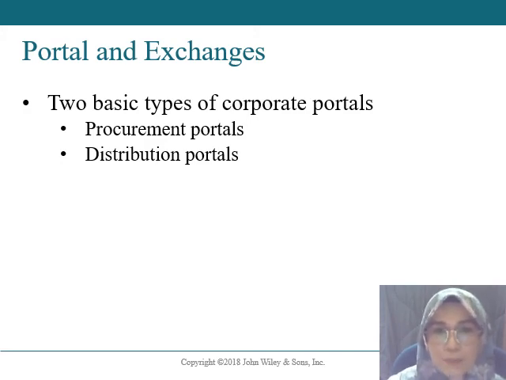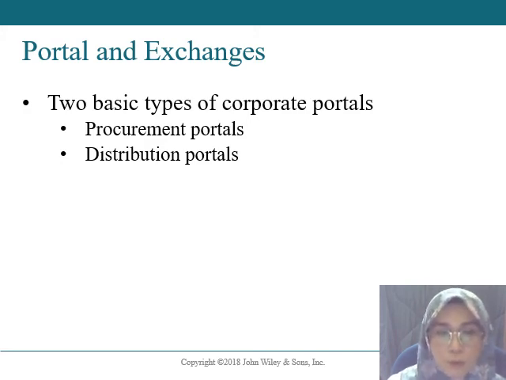So konsep dia sama dengan upstream, yang macam contoh dalam supply chain kita ada upstream and downstream. Tapi untuk procurement portals, konsep dia macam upstream in the supply chain. Okay, untuk distribution portals, so this one for the company. Okay, untuk procurement portals tadi untuk companies supplier.